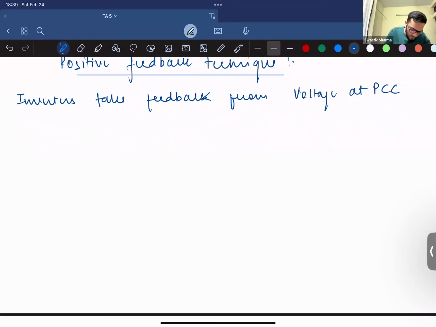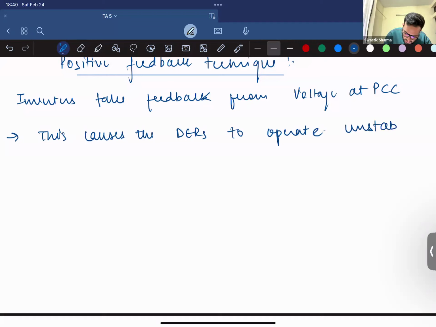So this causes the DERs to operate unstably, right? Because you are injecting a feedback which wasn't designed for your system. Once you are able to tell if your DER is behaving in an unstable way, you will be able to tell if islanding has happened or not.